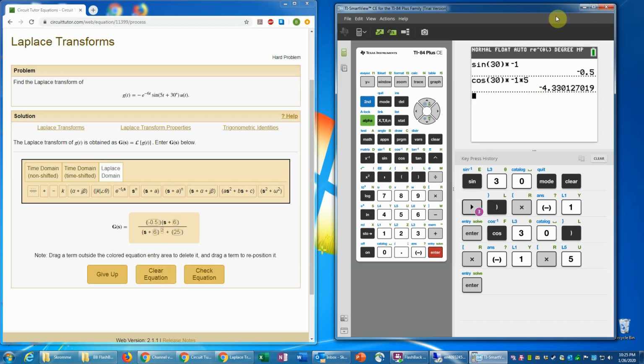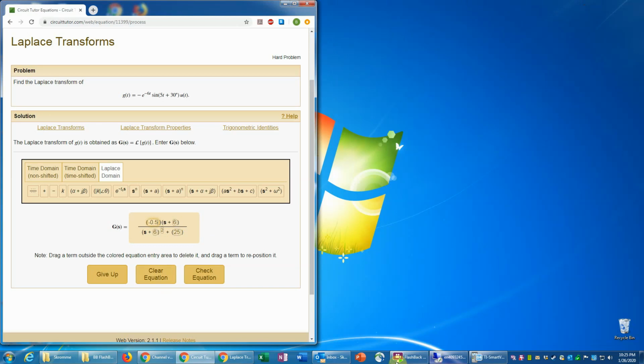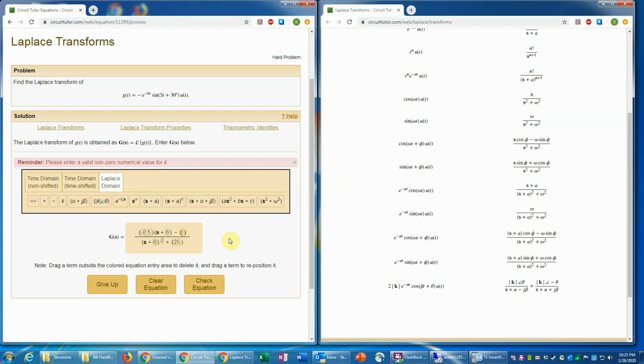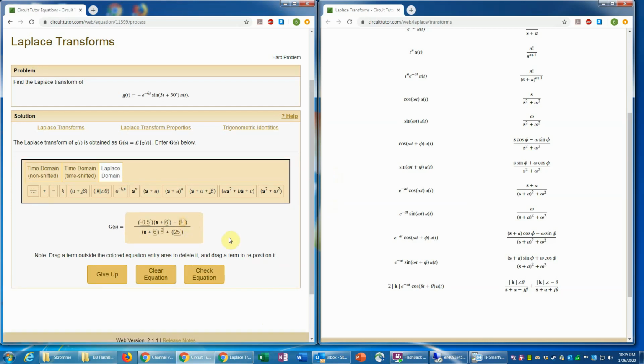And so we will go ahead here and just enter that as another, so it's -4.33, so I'll put a minus sign here and another constant and fill that in as the 4.33. Okay, so now we can go ahead and check that answer.